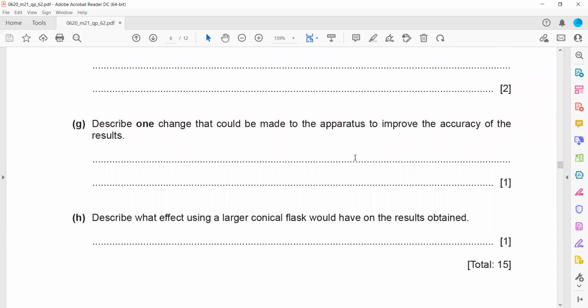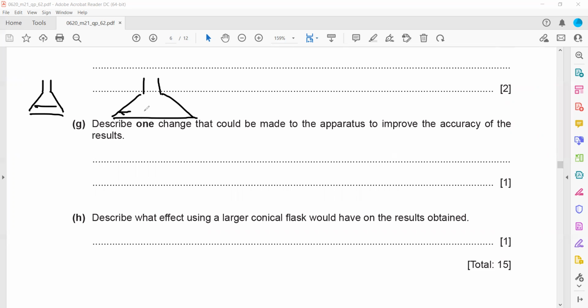Describe what effect using a large conical flask would have. So if I use a large or a small conical flask, it does not make a difference. Why? Because here we are not measuring the rate of the reaction. The rate of the reaction can be altered by changing the depth of a solution.